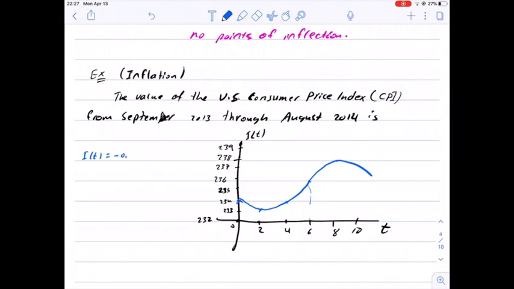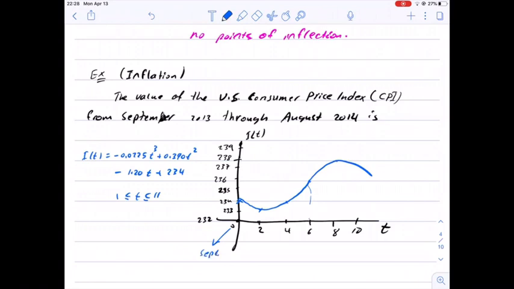So we are given the formula for this function. I of t is given by negative 0.0225 t cubed plus 0.390 t squared minus 1.20 t plus 234, where t is between 0 and 11.